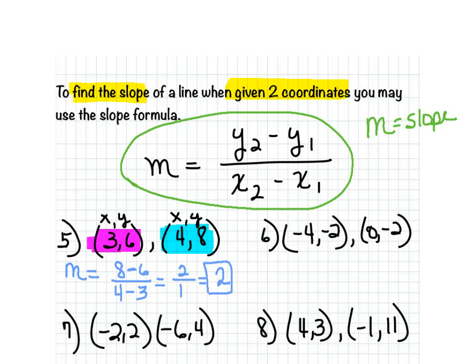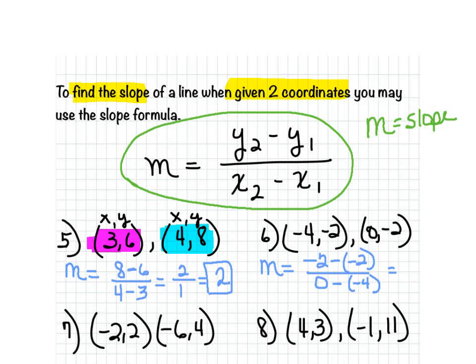Follow along with me. The slope of the line, as I go ahead and use the slope formula, y2 is negative 2 minus y1, which is negative 2, over x2, which is 0, minus x1, which is negative 4. Okay, let's remember our integer rules.